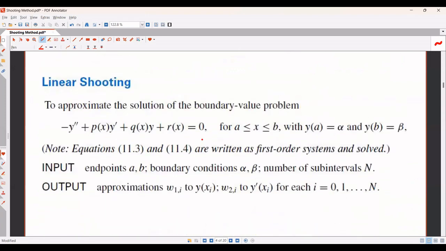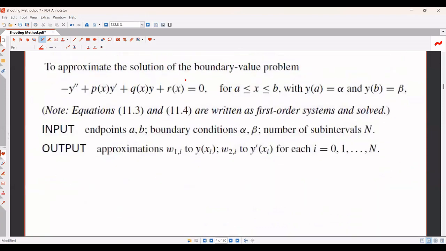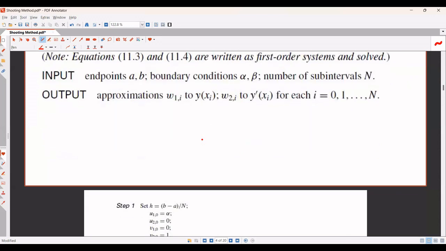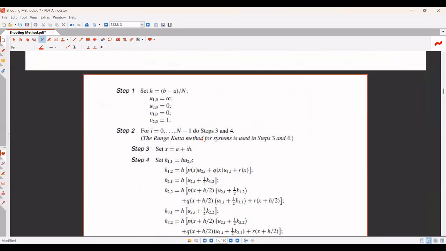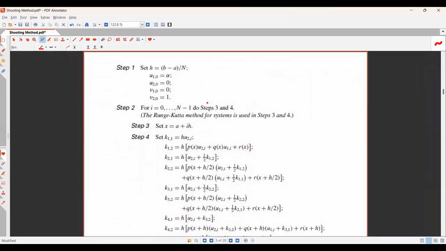Now here is the algorithm for the linear shooting method. This is just declaring the input and output variables, and that's all. What we are doing in the method, instead of solving a boundary value problem, is writing code for solving initial value problems, just two initial value problems.